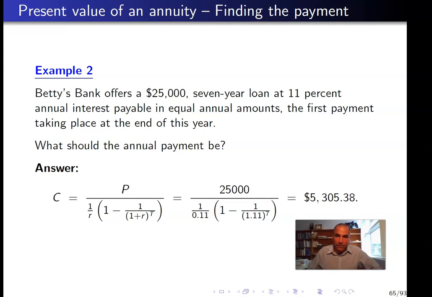We are looking for C, the annual payment yielding a present value of $25,000 when the PVIFA is calculated using 11% as the interest rate and 7 as the number of periods. That gives us an annual payment of $5,305.38.